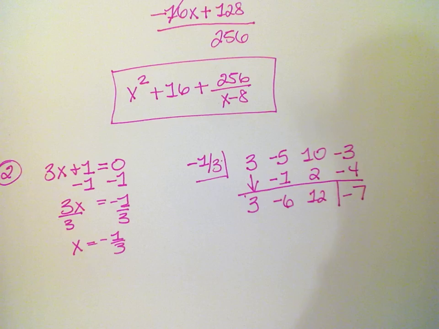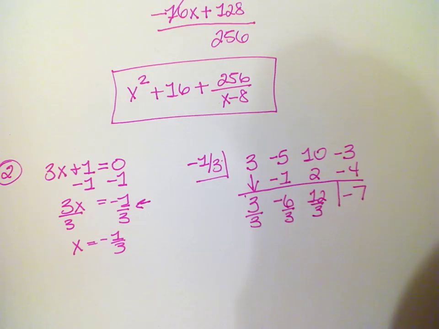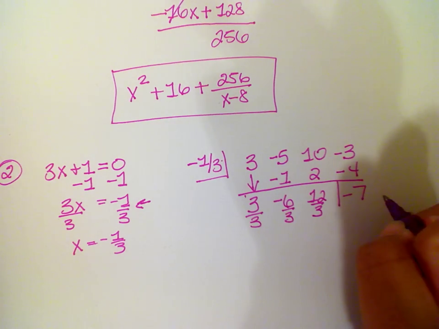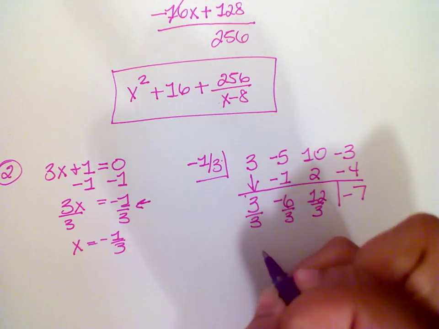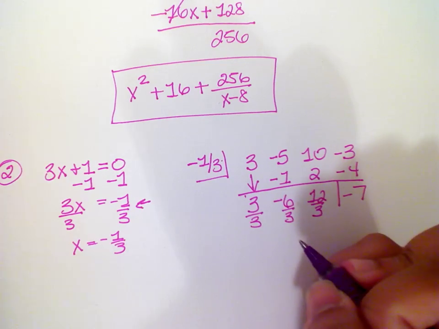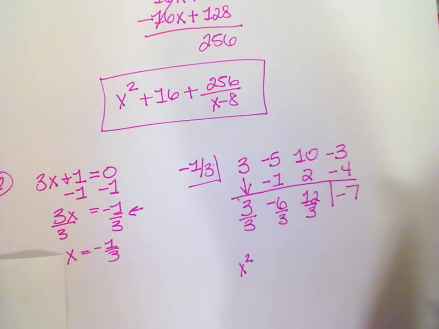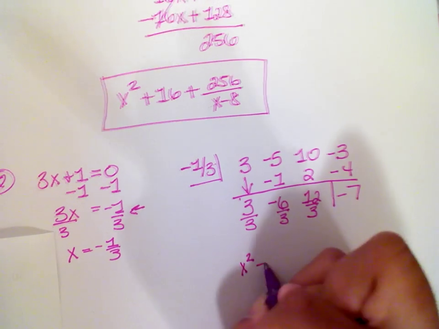So then, since we divided by 3 over here, we will divide these terms right here by 3. We don't mess with our remainder though. So then we get, let's look. Alright, so we started with 3x cubed, so our answer will start with x squared.